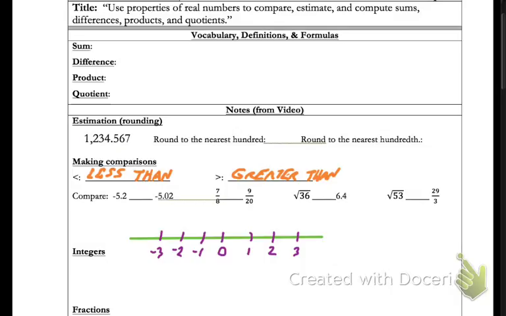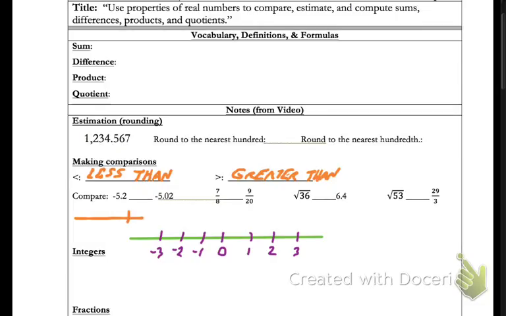And we want to use those two symbols as we look to compare the four problems that you have on your note sheet. So first of all, negative 5.2 compared to negative 5.02. Well, on a number line, negative 5.2 is farther to the left compared to negative 5.02.